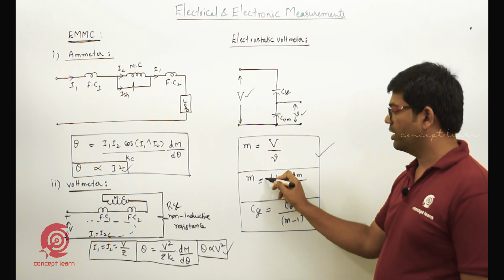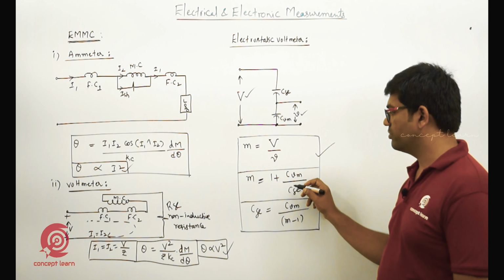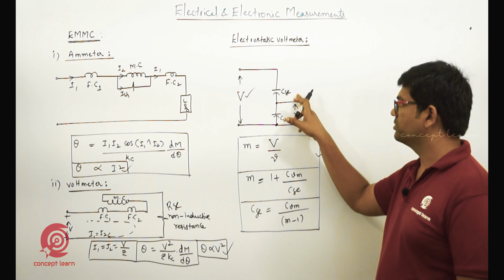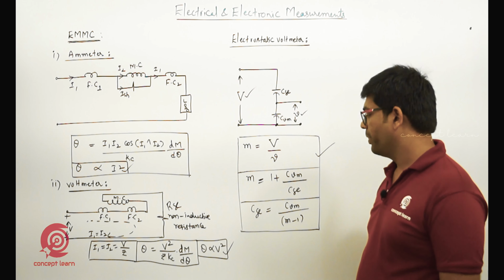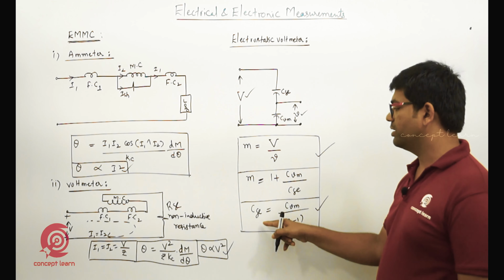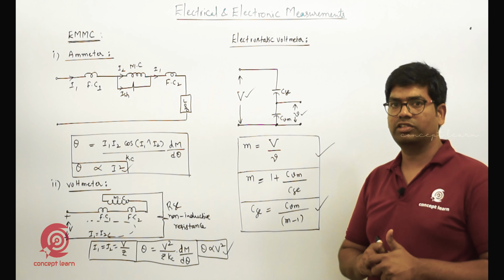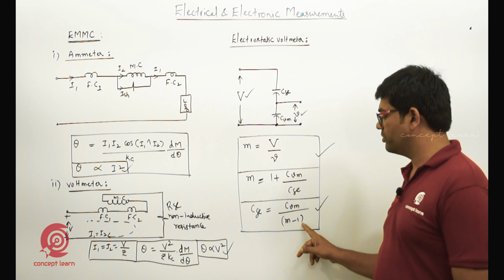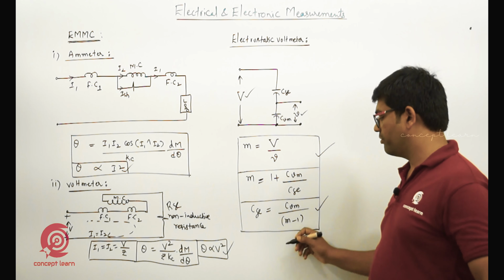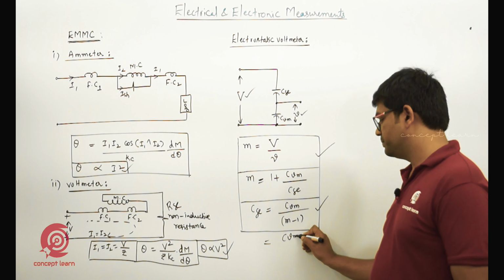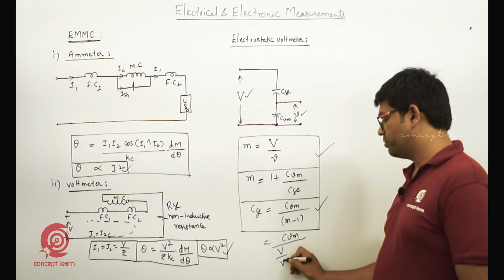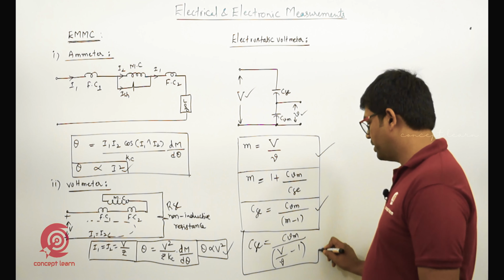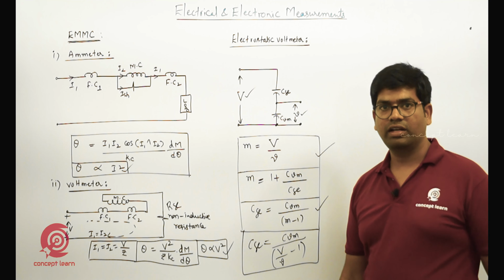When you simplify, we express this multiplying factor in terms of capacitance: 1 plus the meter capacitance by the series capacitance which we connect to extend the range. And if I write only for the capacitance which we connect to extend the range of the meter, we get the capacitance of the meter by M minus 1, or the multiplying factor can also be written as the voltage measured to the full scale voltage, minus 1. This is the way we extend the range of ammeters and voltmeters in these different instruments.